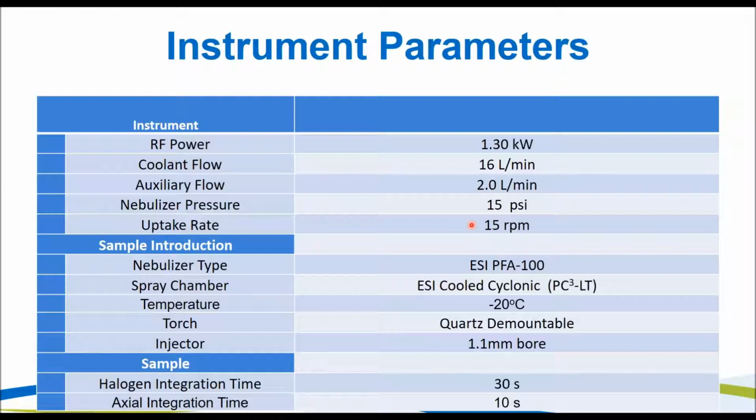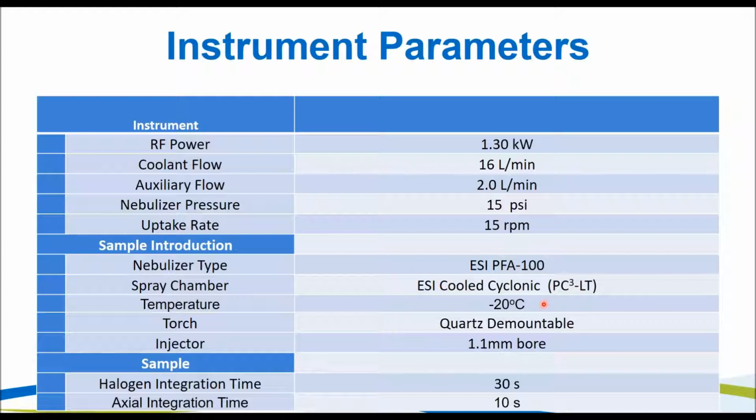Gasoline's much more volatile, even though we were using the cooled spray chamber. We still had to back everything off a little bit. Use a different type nebulizer, the Teflon nebulizer, concentric design, but that's what's used for the cool cyclonic spray chamber, the PC3LT, low temperature.